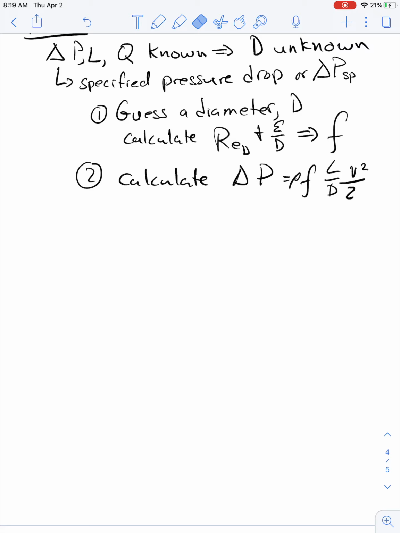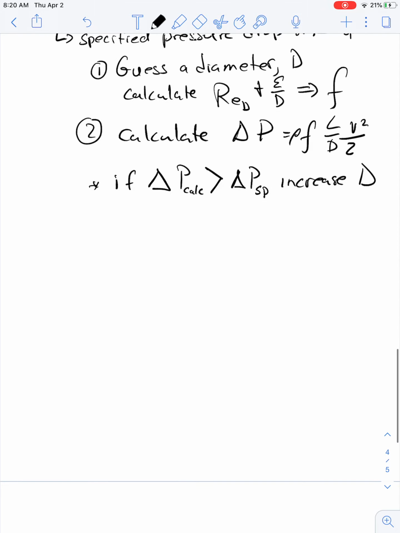So we calculate our pressure in this manner, and if our delta P calculated is greater than the delta P that we've specified in the design problem, then we're going to increase the diameter d.